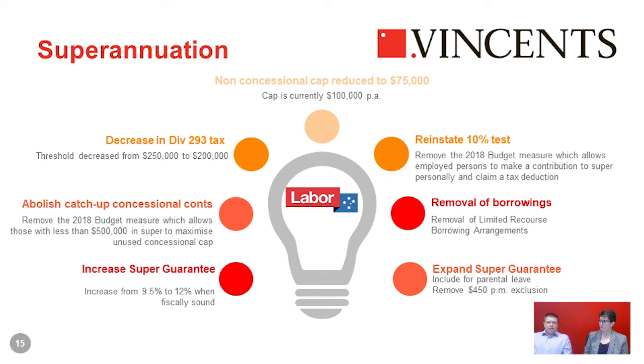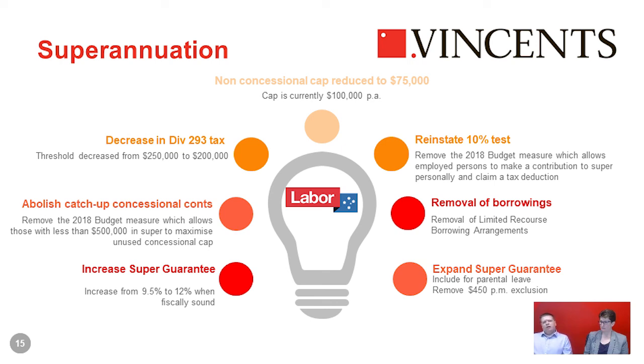In the 2018 budget, the coalition announced 2 policies that Labor basically now want to reverse. They want to get rid of those. So one of those is a notion of a catch-up of concessional contributions.